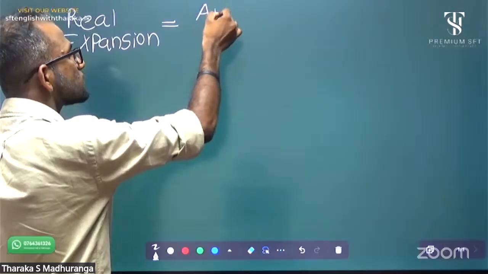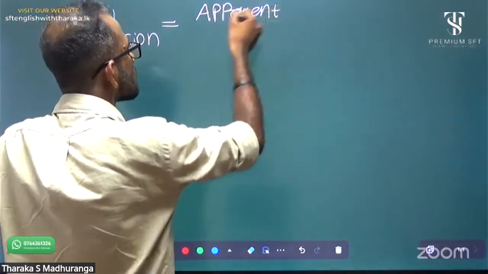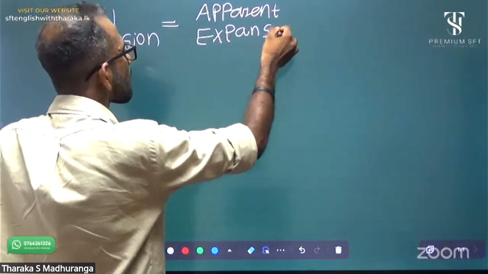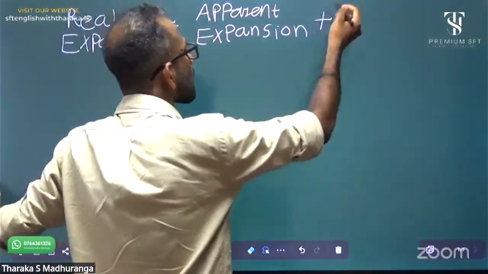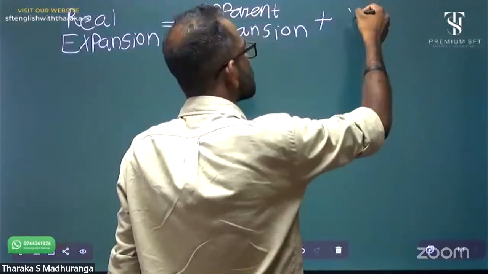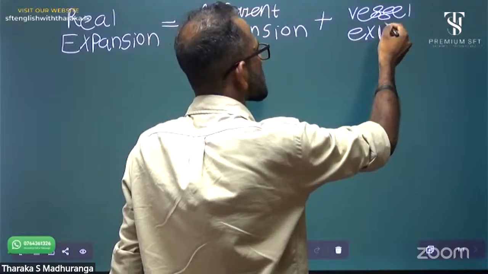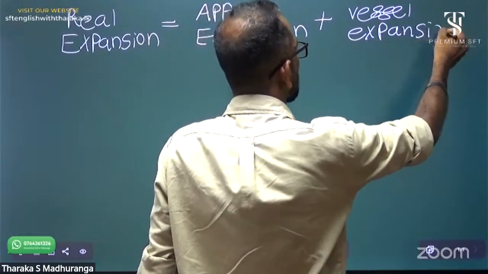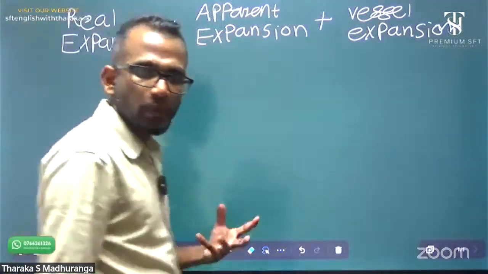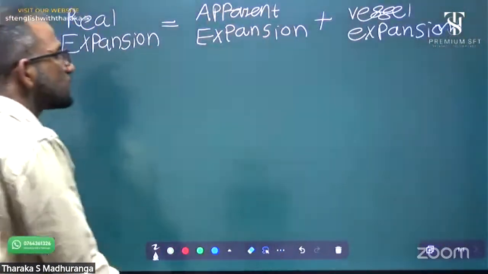Real expansion equals apparent expansion plus container expansion, or vessel expansion. Right? Yes, apparent expansion plus vessel expansion. Right. This is the answer.